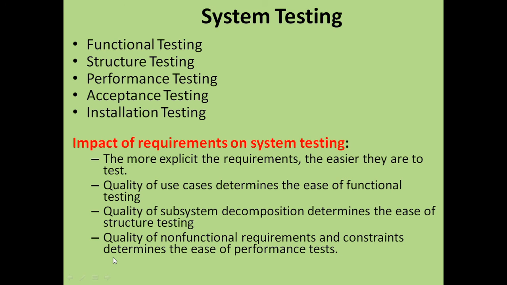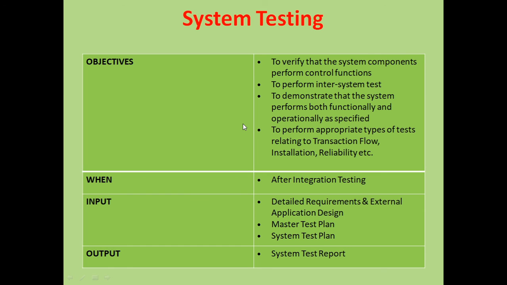Then the quality of non-functional requirements, so performance requirements: how you have laid down the milestones, the yardsticks or the metrics for these performance requirements has a large impact. And constraints determine the ease. If there are too many constraints, again performance tests take a lot of time and effort.